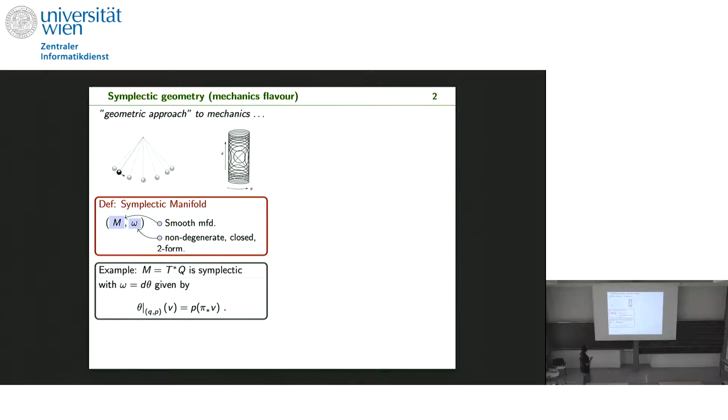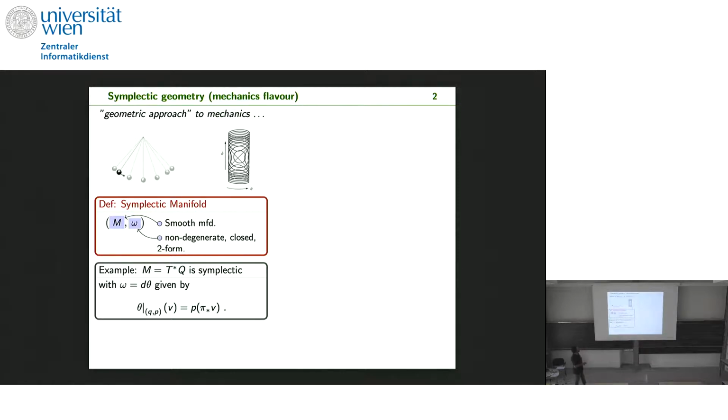And so why is this connected to mechanics? Let's consider my favorite system, the pendulum. The configuration space of the pendulum is the set of all possible displacements of the system. And this can be encoded by a manifold. Let's say that this is Q. When you construct the cotangent bundle of Q, you get something of 1 dimension more, in this case, because the system has 1 degree of freedom. Out of that, you get something that is 2-dimensional.